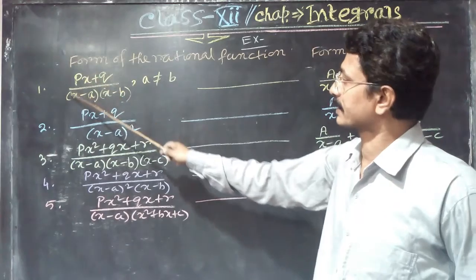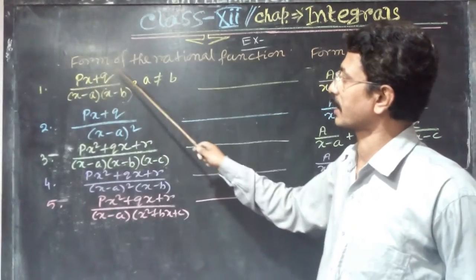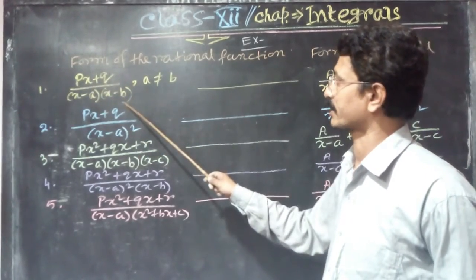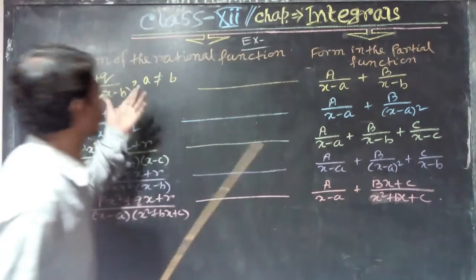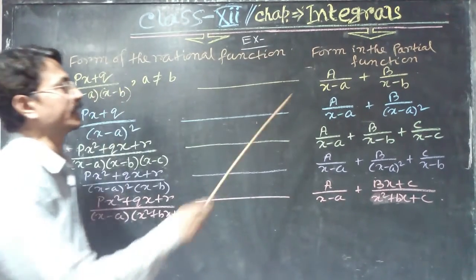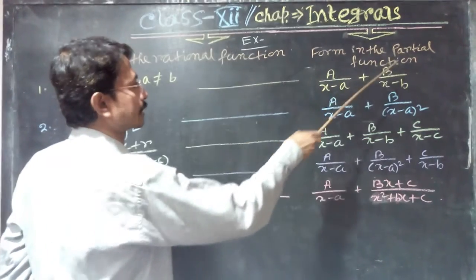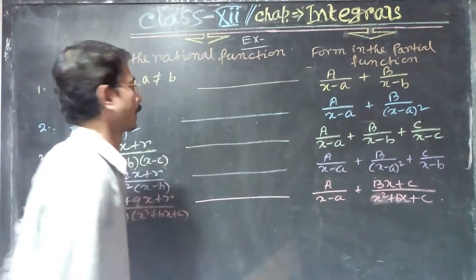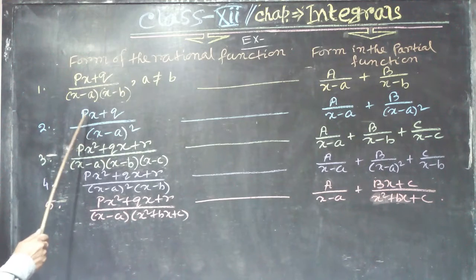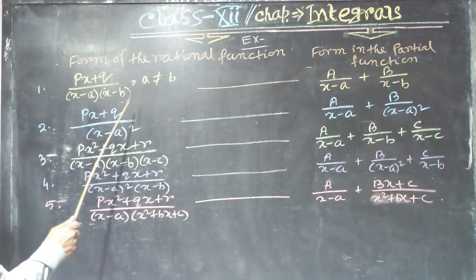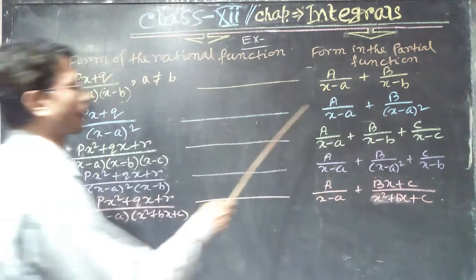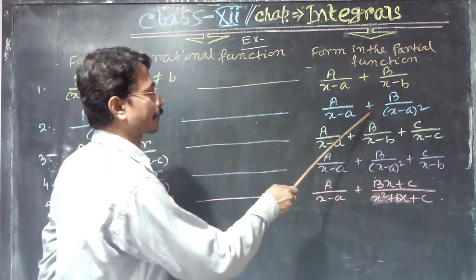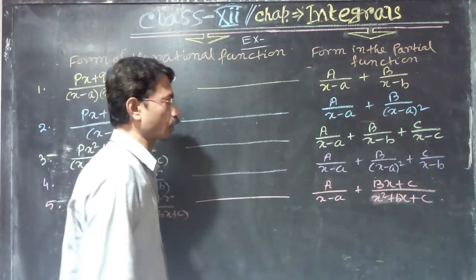If the integration is given in the form px plus q by x minus a into x minus b, where a not equal to b, then you rewrite it in this way: a by x minus a plus b by x minus b. If it is given in the form px plus q by x minus a whole square, then you rewrite this integration in the form a by x minus a plus b by x minus a whole square.